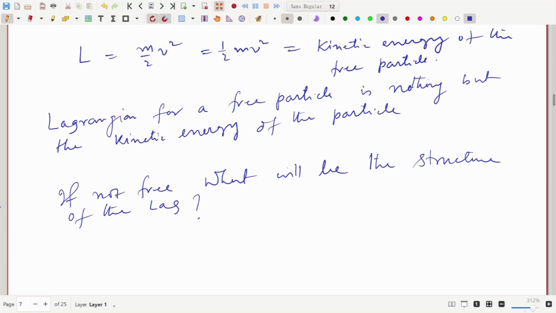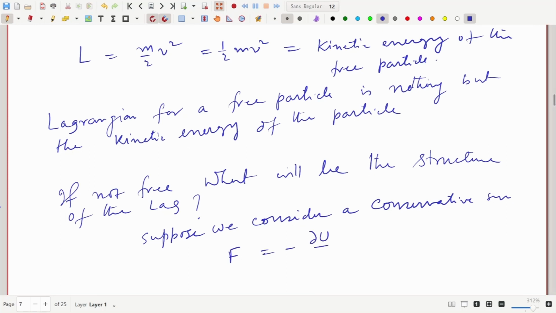So suppose we consider a conservative system. For a conservative system, the force can be written as F equal to minus ∂U/∂r, where r is the coordinate.